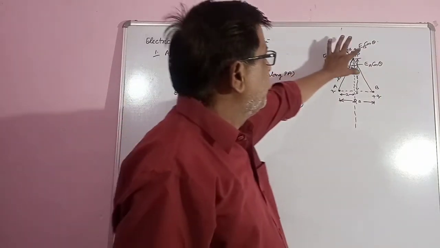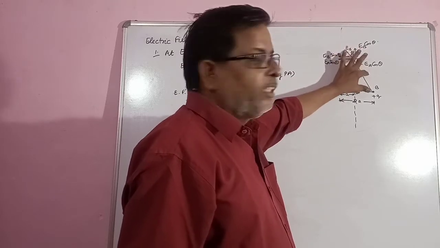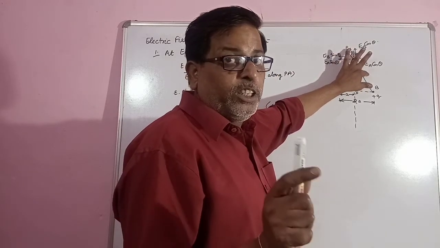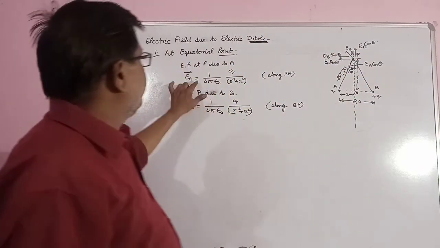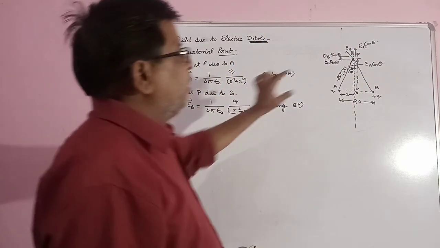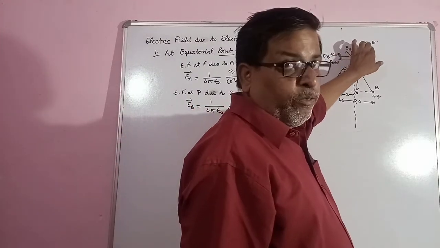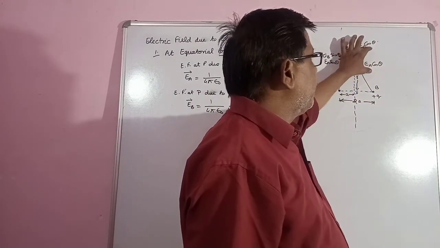Look at this. These two vectors, EB cos theta and EA cos theta, are equal and opposite vectors. Numerically, EA and EB are equal, and they are multiplied by the same factor cos theta, so these are equal.